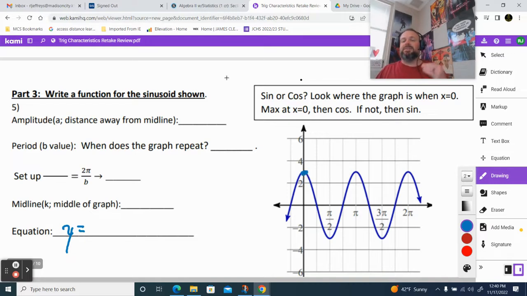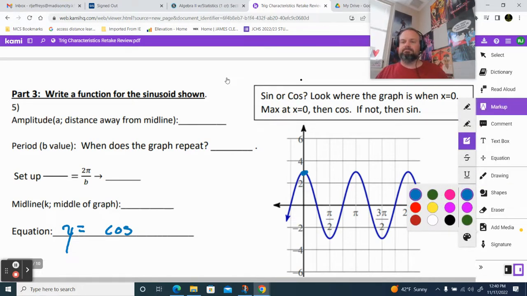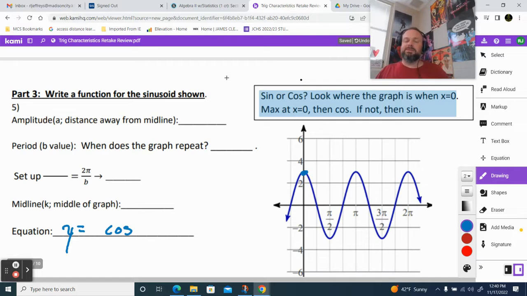It's right here. That's a max. So this is a cosine. When x is 0 and there's a max, that's when it's cosine.